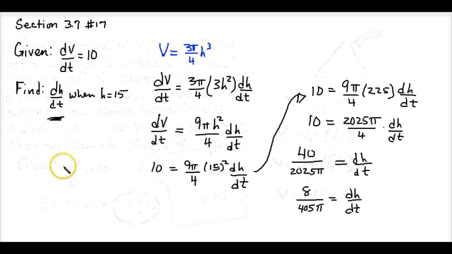So to answer the question, at what rate is the height of the pile changing when the pile is 15 feet high? The answer is 8 over 405 pi feet per minute.